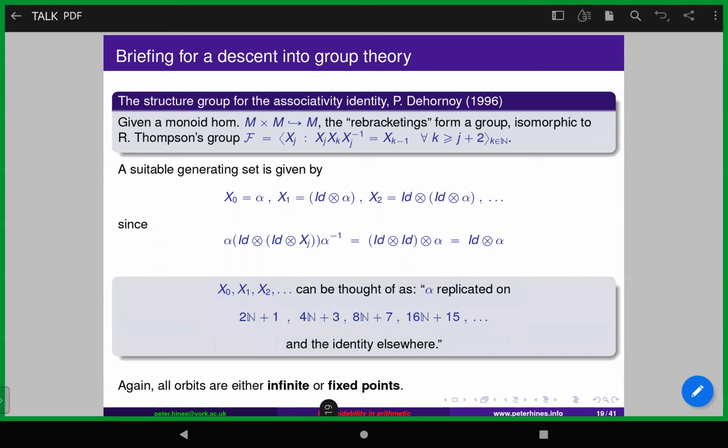Richard Thompson's group F, I understand, is a big deal for group theorists. And in 1996, Patrick Dehornoy's paper, The Structure Group for the Associativity Identity, gave a rather nice connection. Well, it was kind of folklore beforehand, but he gave it precisely. He gave a rather nice connection between rebracketings and Richard Thompson's group F.